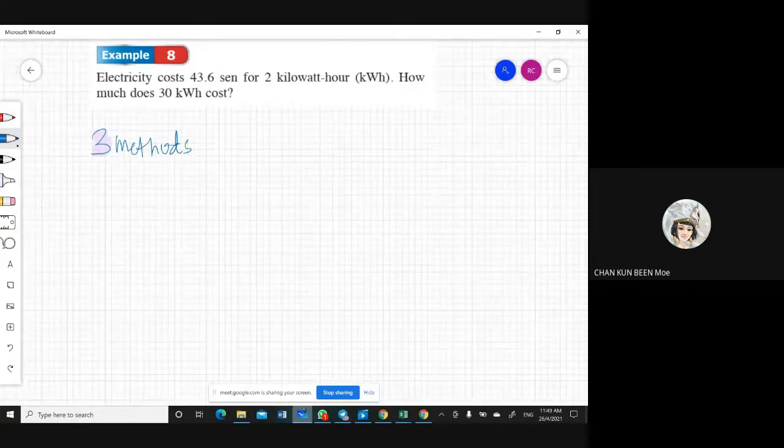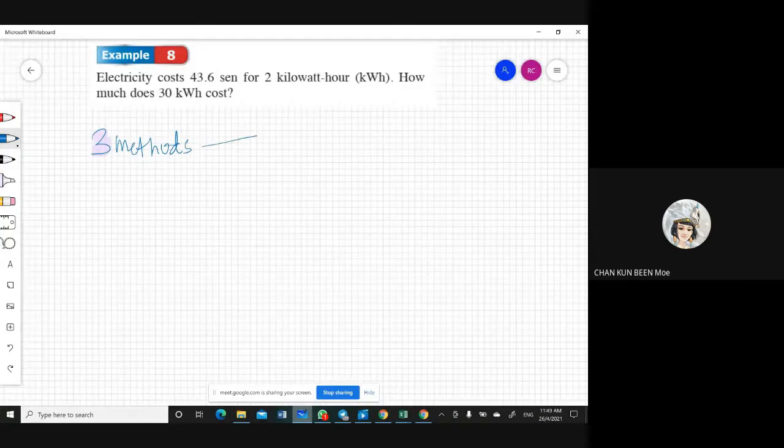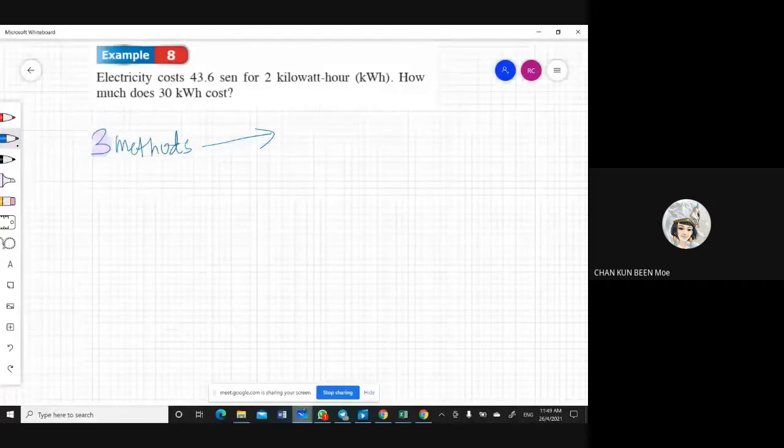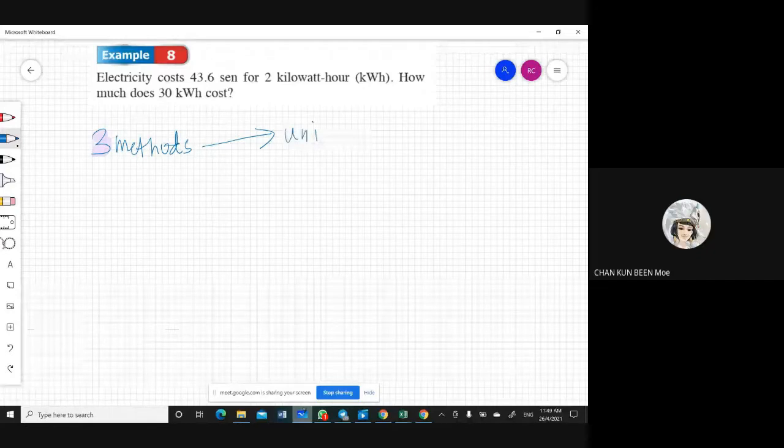For those with the textbook, can you tell me what is the first method? It is the unitary method.